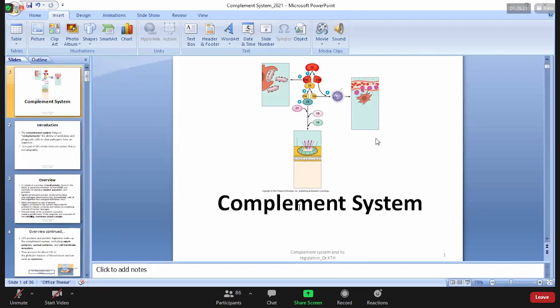My question is, these bacteria, haven't they evolved and come up with any virulence against the complement system? They have. That's why, if you go through, you're going to look at some of these mechanisms that bacteria use to overcome the immune system.